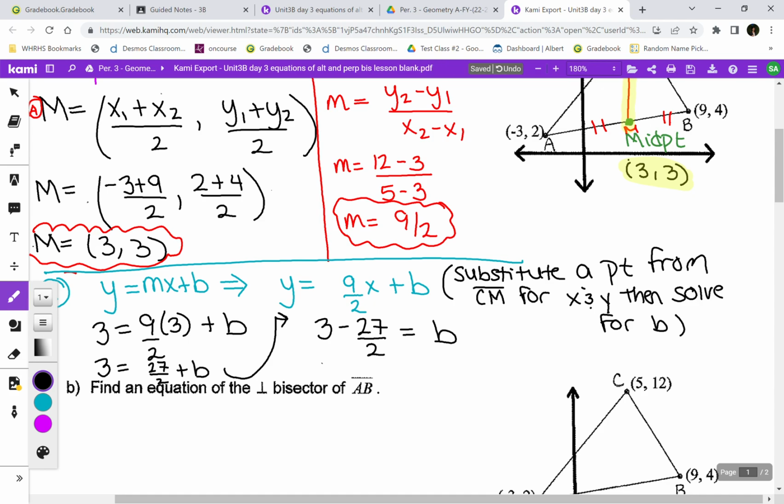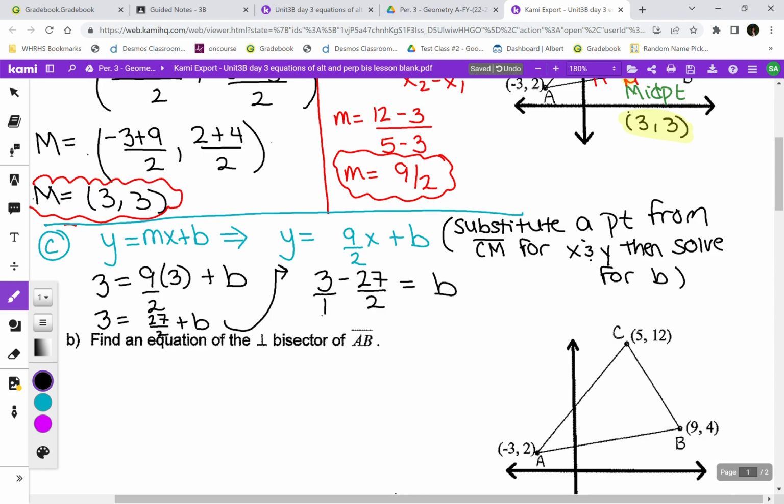But in order to subtract these two numbers, what must I create? A common denominator. What's my common denominator? 2. My common denominator is 2. So we're going to have 6 over 2 minus 27 over 2 equals b.